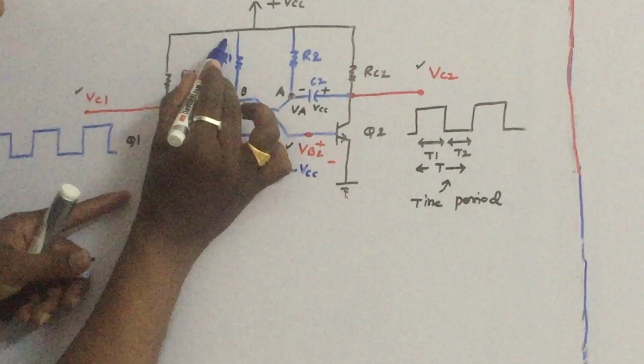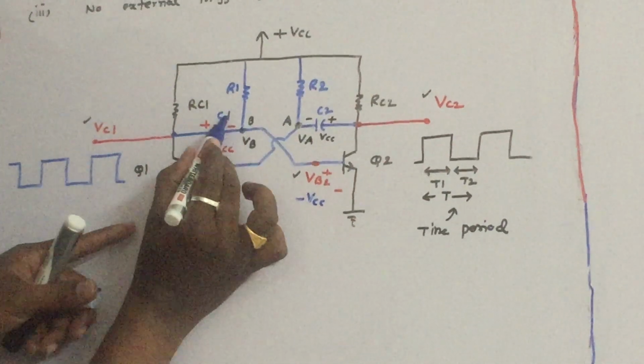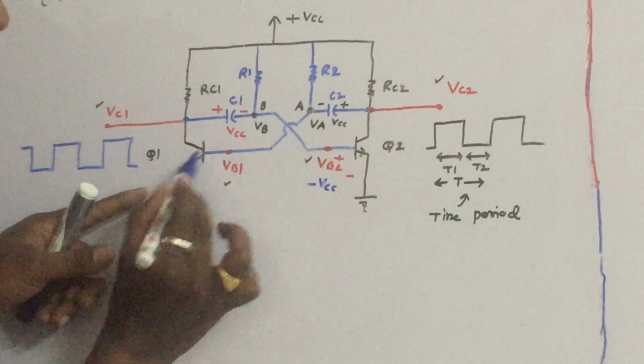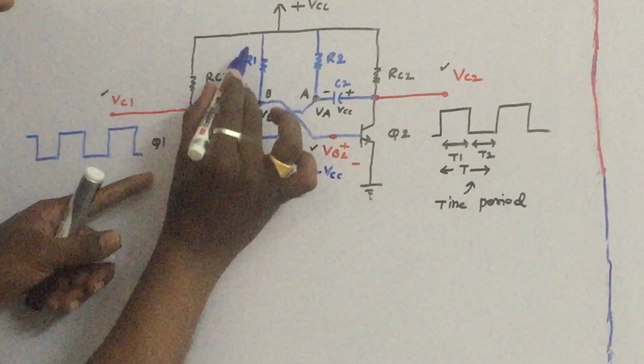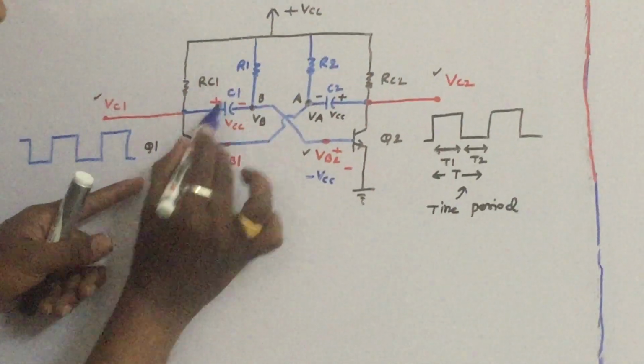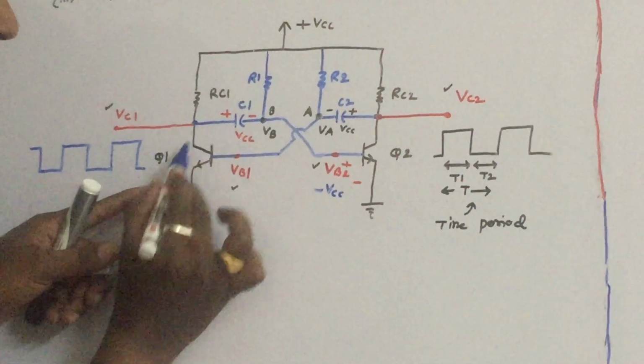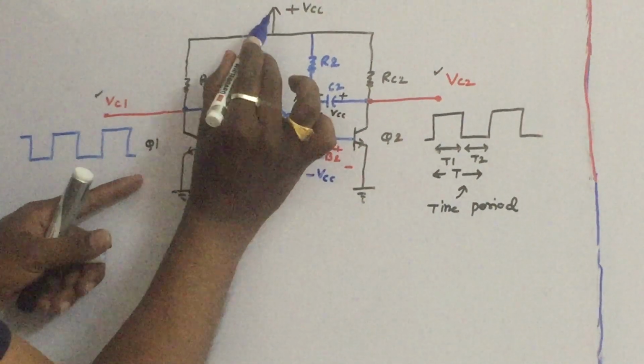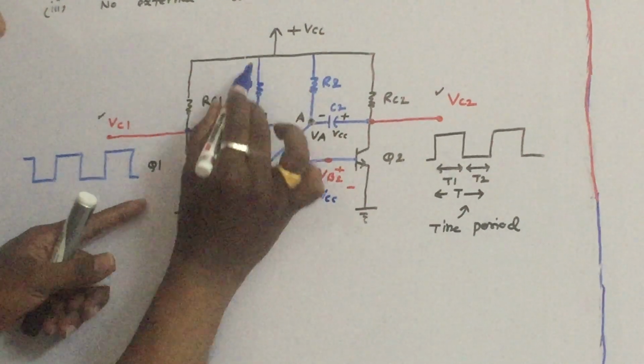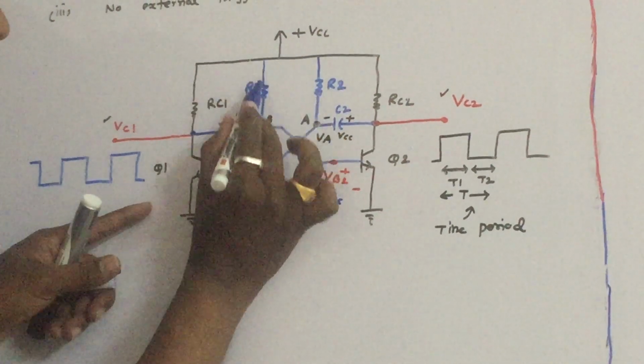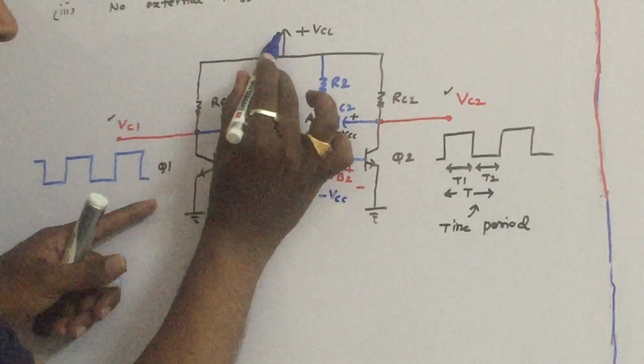Now this capacitor discharges through Q1, so the voltage VB2 becomes less and less negative. Once this capacitor discharges, since it is connected to plus VCC, it has to charge to VCC.